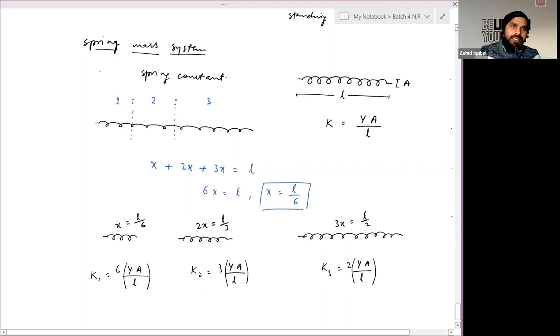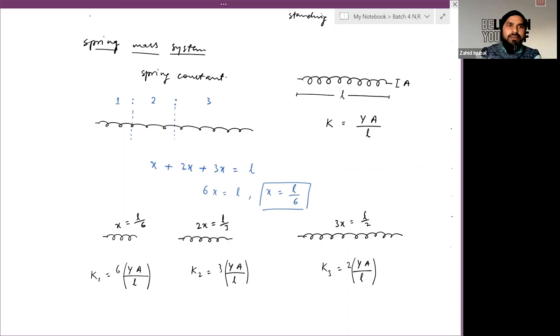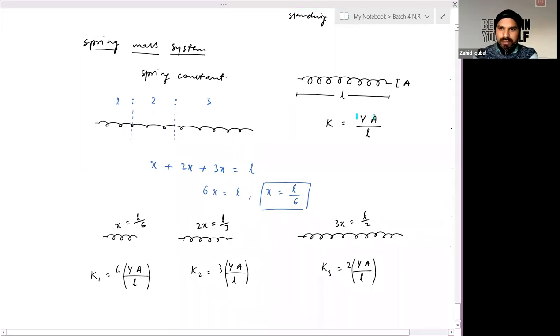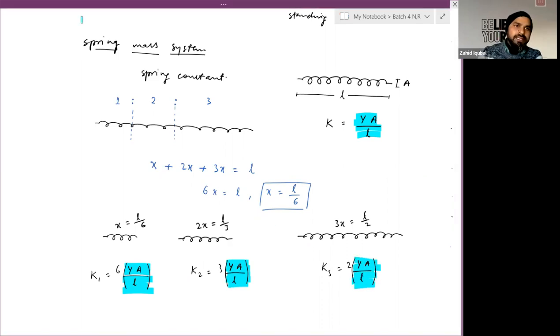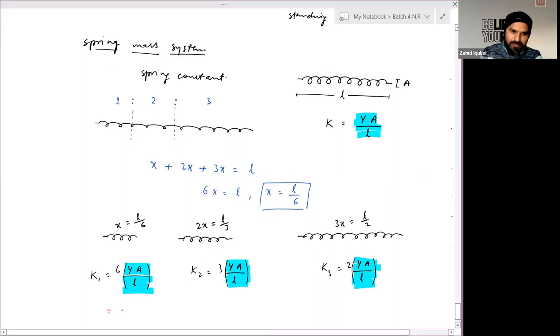Now, YA by L is nothing but the spring constant K according to this relation. So on comparing, K1 will be 6 times K, K2 will be 3 times K, and K3 will be 2 times K.